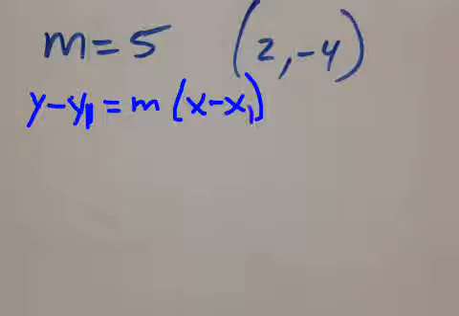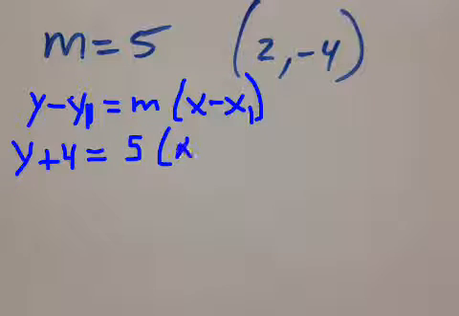All right, so we plug things in. That y stays the same. The y1 is that -4. So y minus -4 is really y plus 4 equals, slope is 5, x, and then the minus x1 would be minus 2.